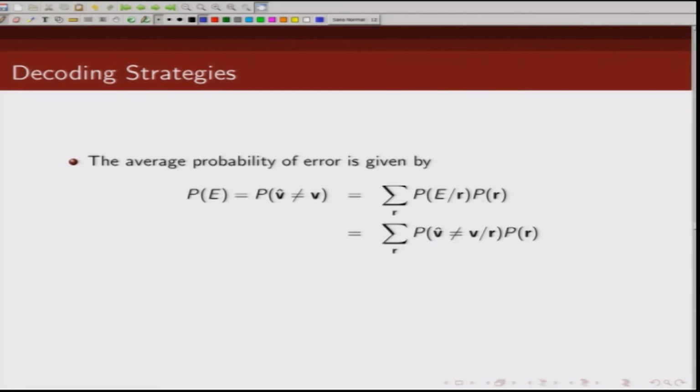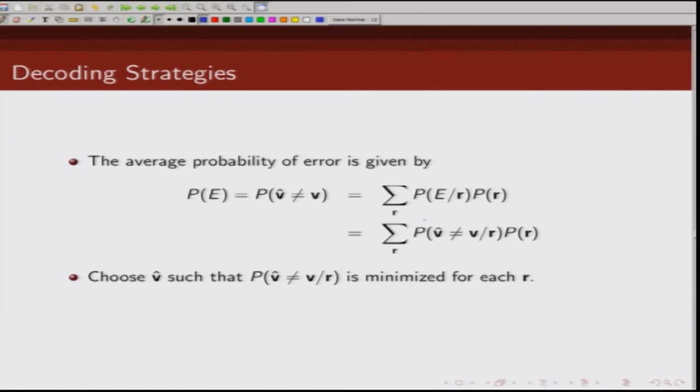So, I can write this equation in this particular form. If I want to minimize the probability of error, I will have to minimize this. So, my decoding rule should be such that this is minimized. There are two terms in this, one is P of R and another is this term.